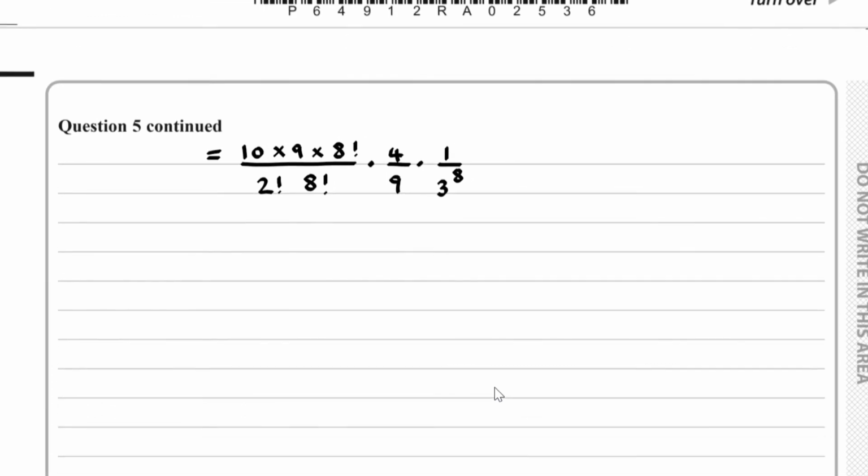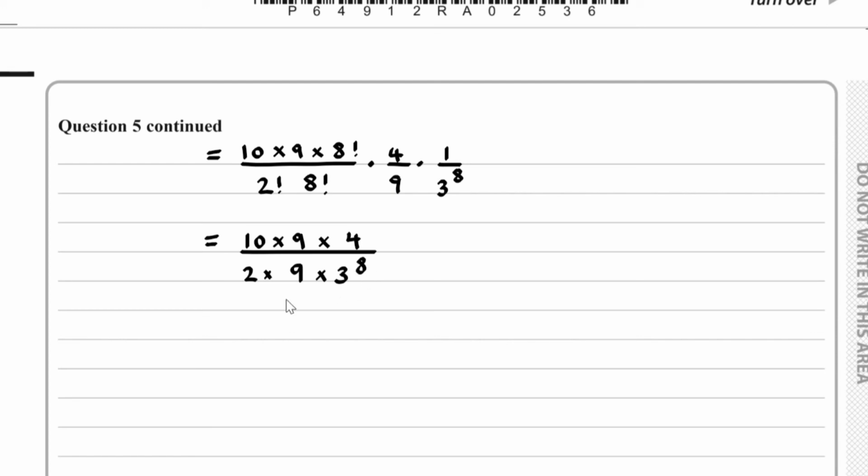So now let's try to simplify this. Well, the 8 factorials cancel, so I've got 10 times 9 over 2. So let's just write this out as 10 times 9 times 4 times 1, and I'm going to divide this by 2 times, now here I've got a 9, and then I've got a 3 to the 8.